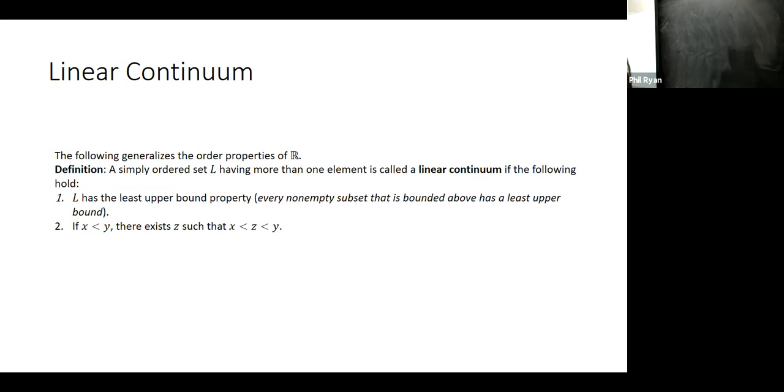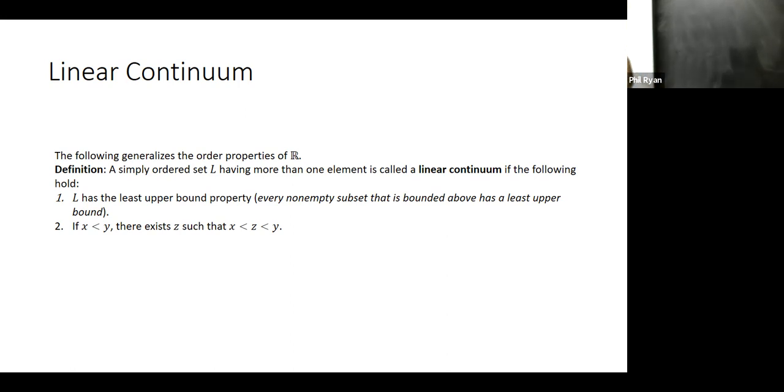So this is just generalizing the order properties of R. So we want simply ordered sets having more than one element, so it's not trivial. And so we come up with this idea of a linear continuum. And it has the following two properties. It has the least upper bound property, which remember means that every non-empty subset that is bounded above has a least upper bound.